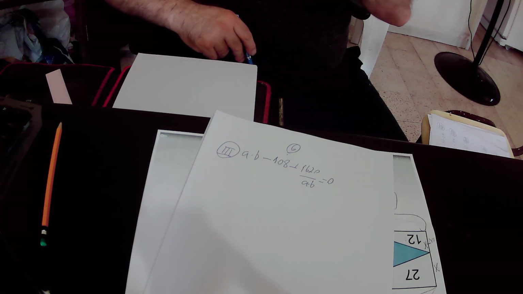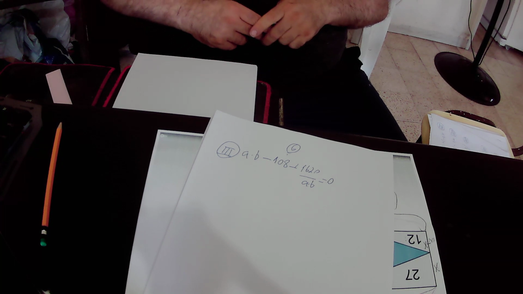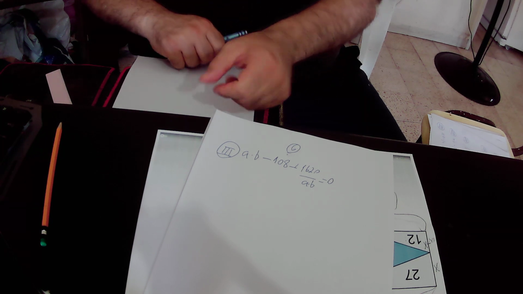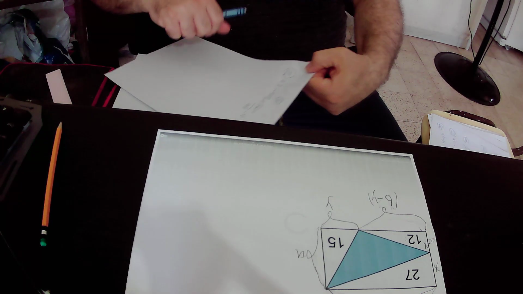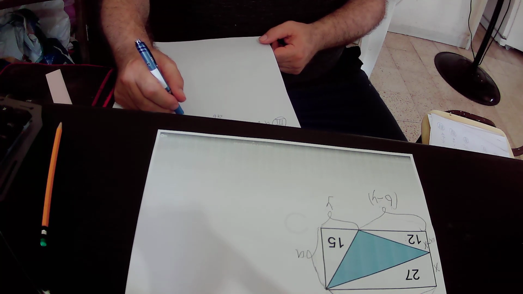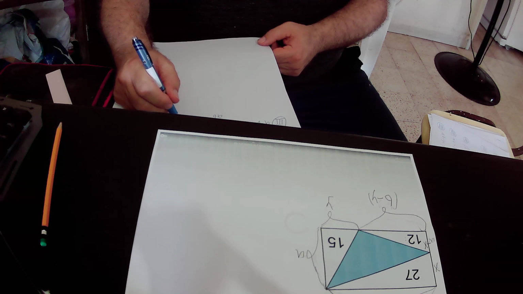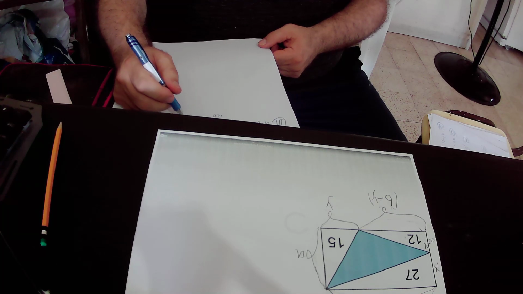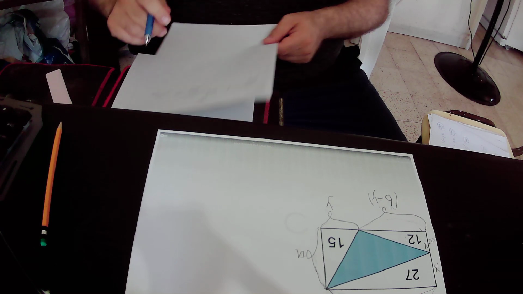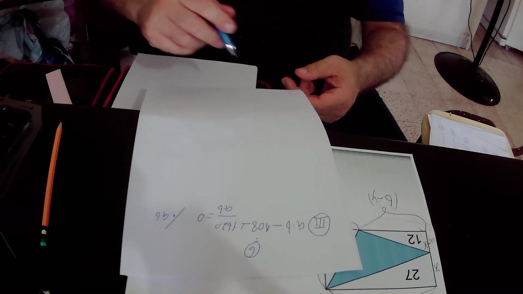So here we can multiply both sides of the equation by ab. We can do it because a and b are the length and the width of a rectangle, so both of them must be positive numbers, and for that reason they will never be 0, so we can multiply both sides of the equation by a times b.